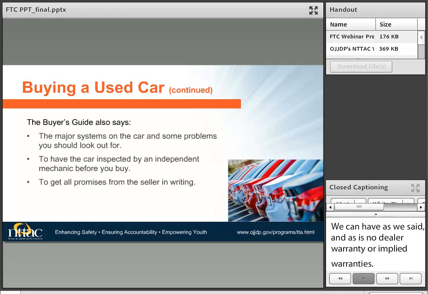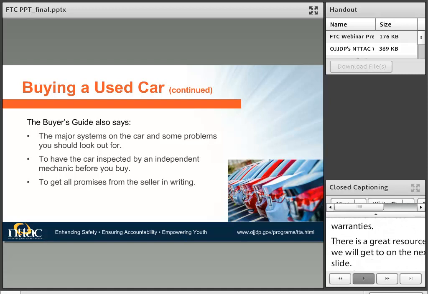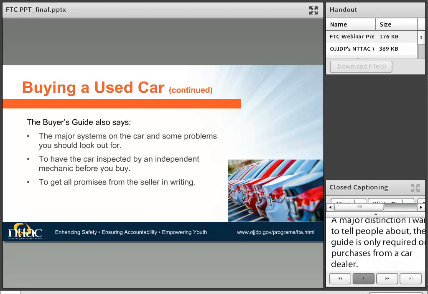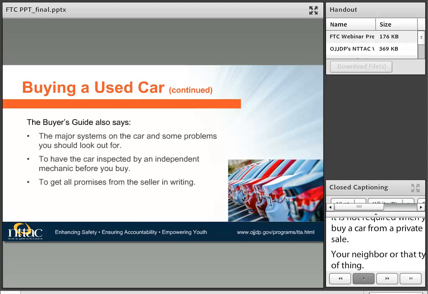A major distinction I want to tell people about: the guide is only required on purchases from a car dealer. It is not required when you buy a car from a private sale, your neighbor, you know, that type of thing. There are also some misconceptions about when you buy a car, whether it's new or used, that you have a 3-day right to cancel, and there is no federal law that says you have a 3-day right to cancel that.